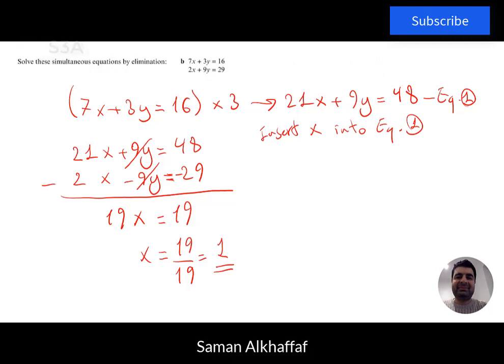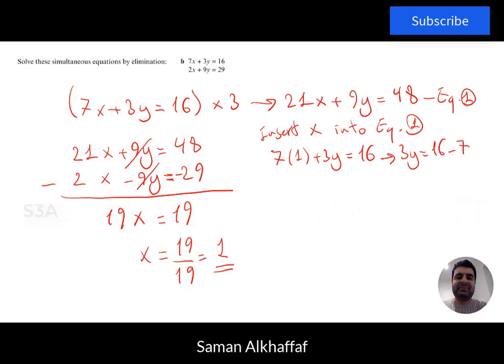So in this scenario, we would have 7 multiplied by 1 plus 3y equals 16. So that means we move the 7 to the other side, so that would give us 3y equals 16 minus 7.